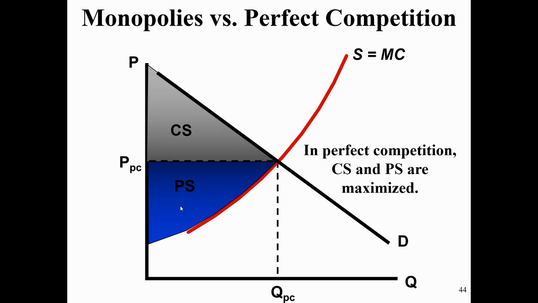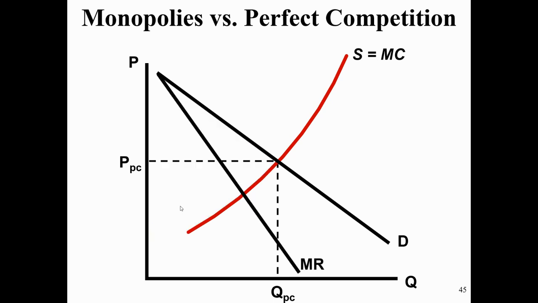Okay, what happens in a monopoly? Well, my marginal revenue is lower than the demand curve. So this is my quantity in a monopoly and my price in a monopoly. I can produce less but sell for more. Does it make sense now? Monopoly, yeah?